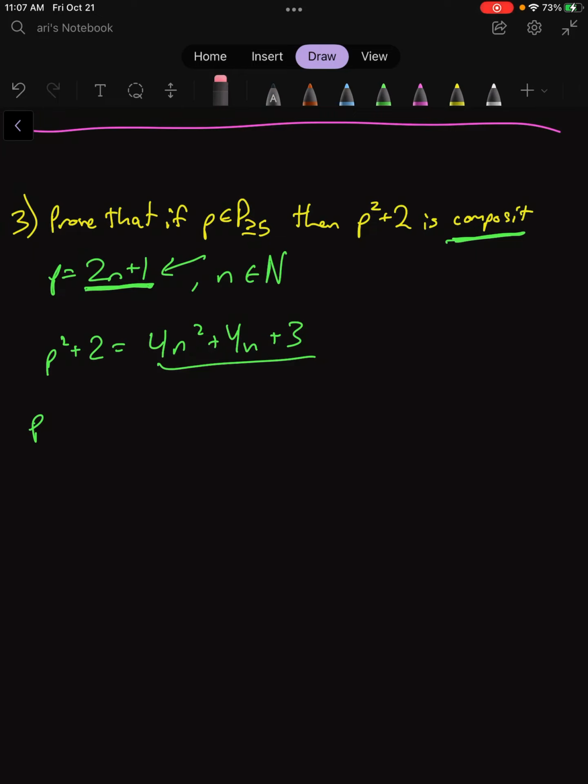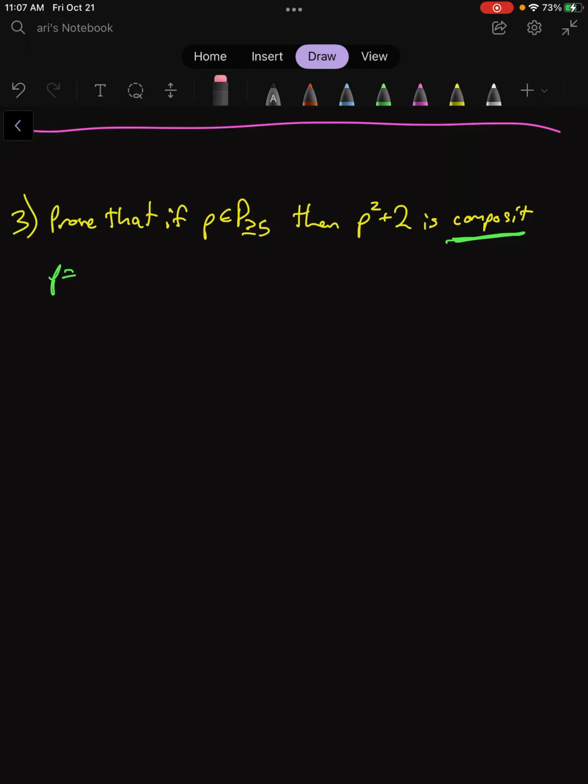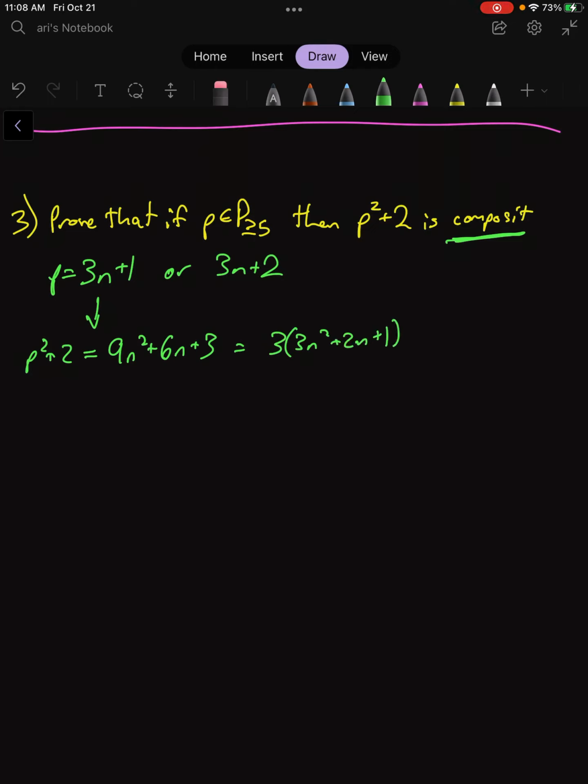And I'll erase this. So this is like a bit of a guess and check, as I was saying earlier. Let's try p equals 3n plus 1 or 3n plus 2. And the reason this is a little more annoying is because we're going to have to do two cases. So for this case, we're going to have p squared plus 2 equals 9n squared plus 6n plus 3. That works, because that equals 3 times (3n squared plus 2n plus 1).